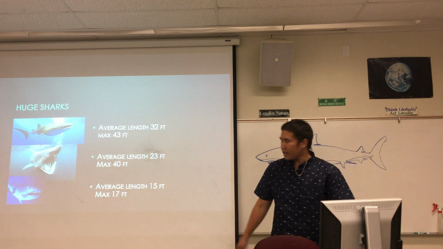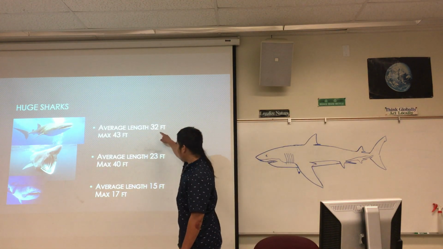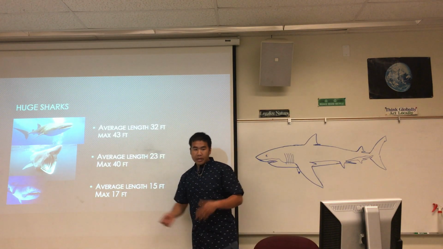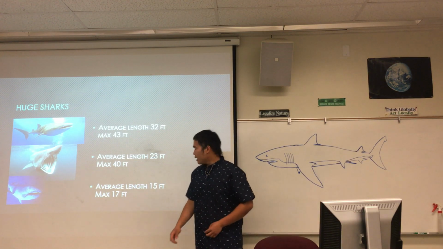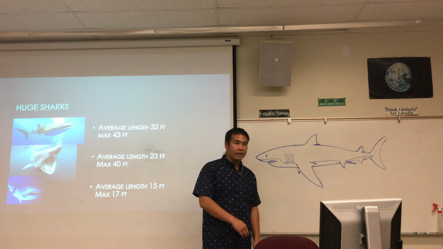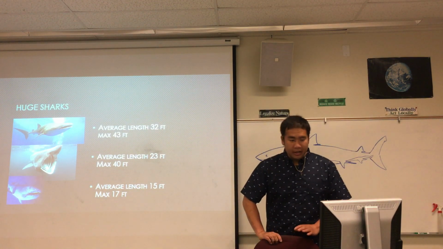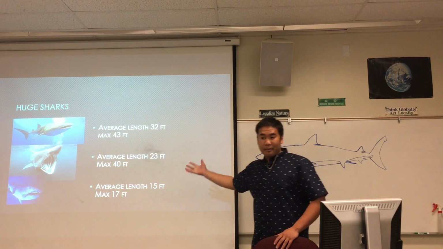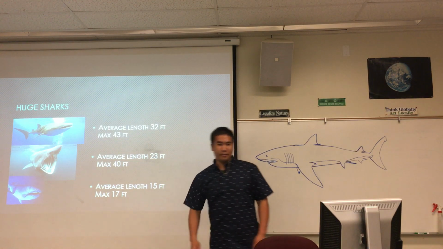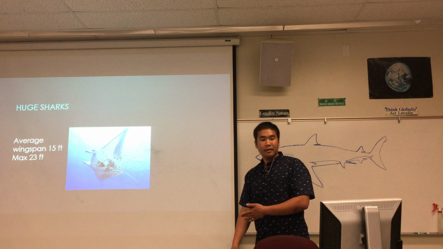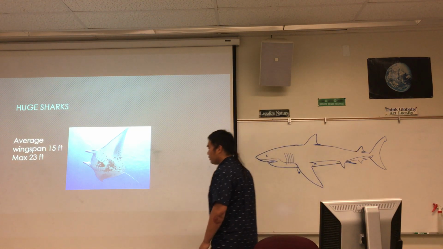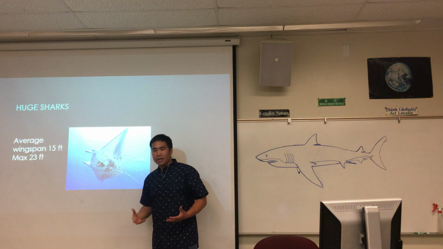As you can see, these guys are pretty big. They're bigger than all the other sharks. I think the third biggest shark is actually the Greenland shark, but still pretty big, like 17 feet. And the manta ray itself is also really big. So things that eat plankton tend to be huge.